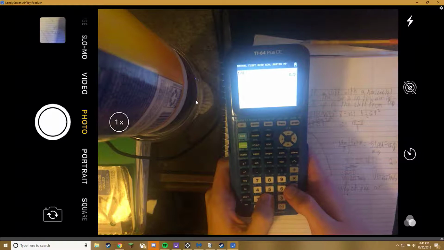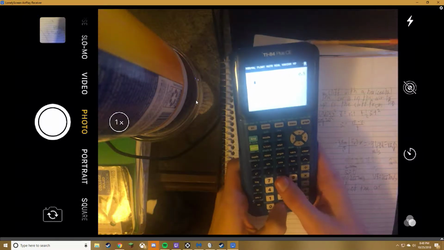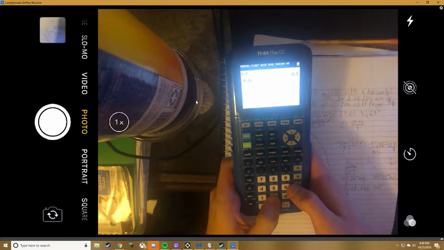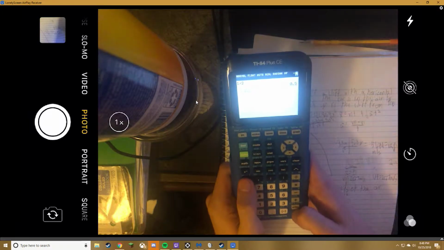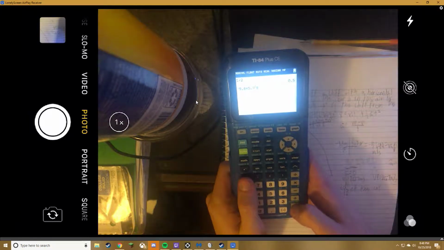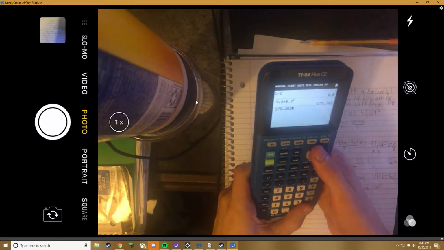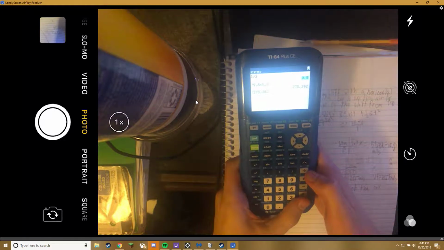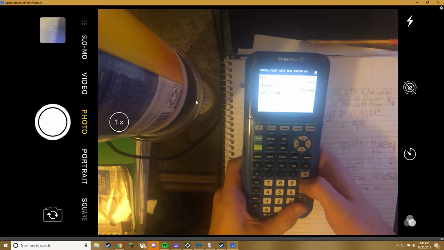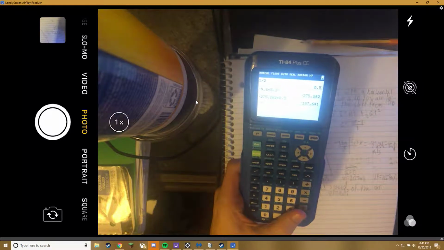Do 1 divided by 2, which is 0.5, and we get negative 9.8 times 5.3 squared, which ends up being negative 275.282, and you multiply that by 0.5. So that's that. And you end up getting your final displacement as negative 137.641.